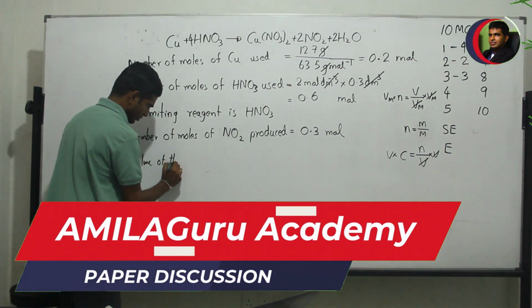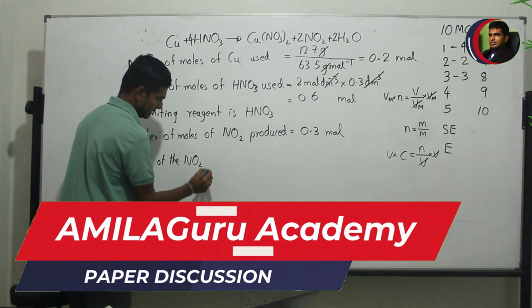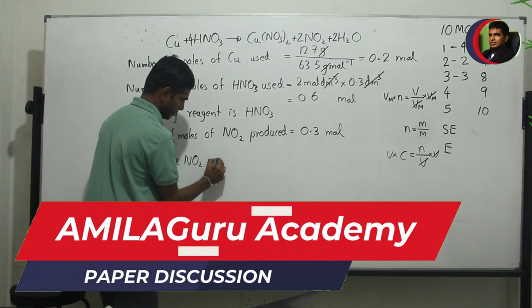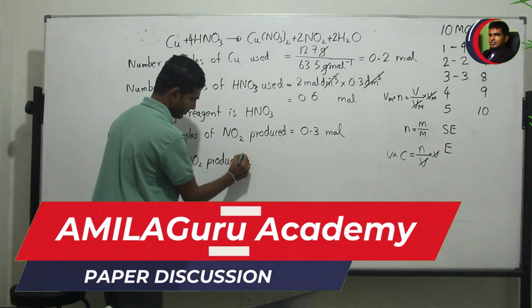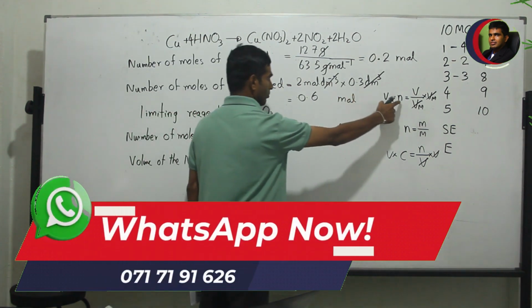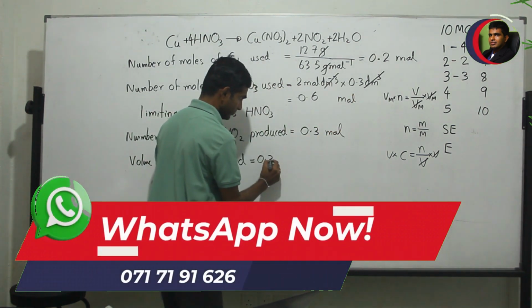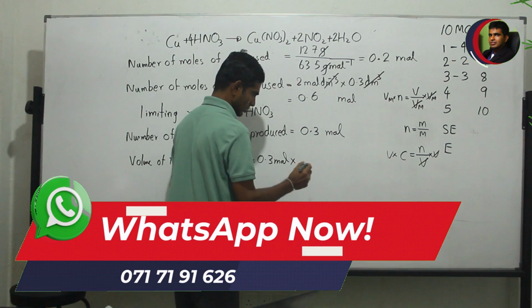Volume of the nitrogen dioxide produced is number of moles times the molar volume.